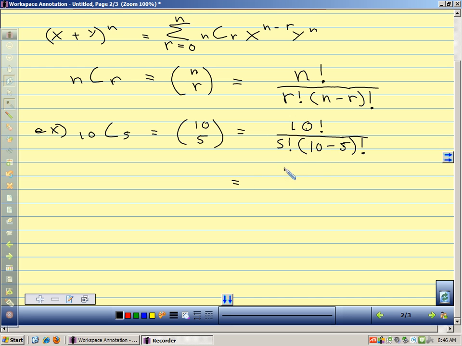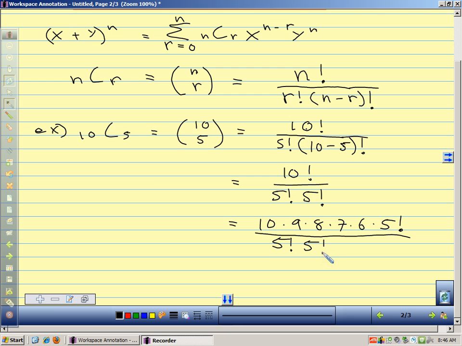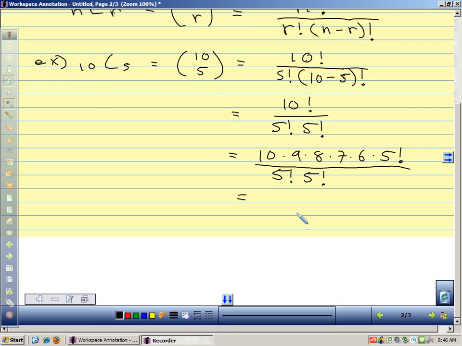So this is 10 factorial over 5 factorial. 10 minus 5 is 5 factorial. I can rewrite this as 10 times 9 times 8 times 7 times 6 times 5 factorial over 5 factorial times 5 factorial. These cancel, so I get 10 times 9 times 8 times 7 times 6 over 5 times 4 times 3 times 2 times 1.